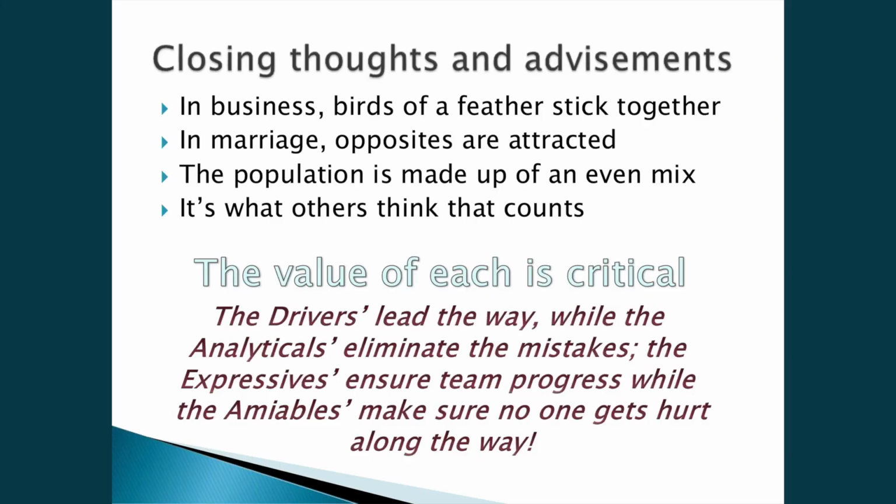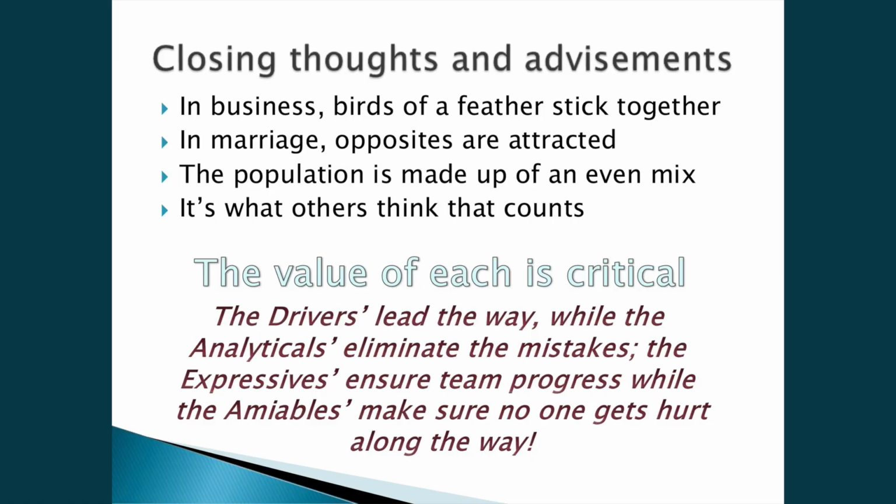The value of each is critical. And here's a poem. For any successful organization made up of 2 or more people, drivers are the necessity to move the team ahead. They are the visionaries, they're the risk takers, and while they're leading, the analyticals are right along with them, measuring each step of the way. How are we doing?